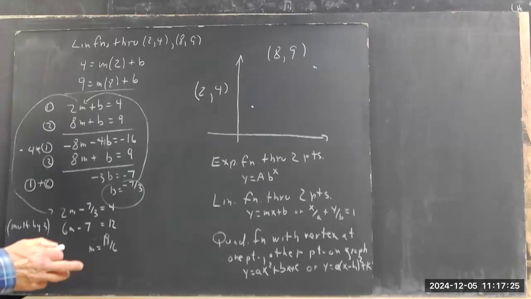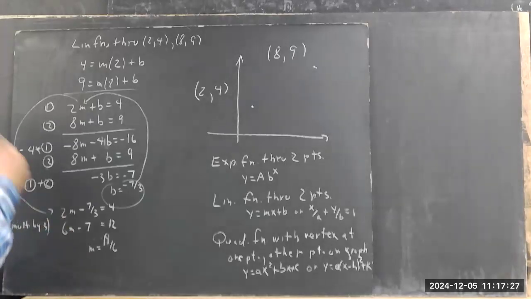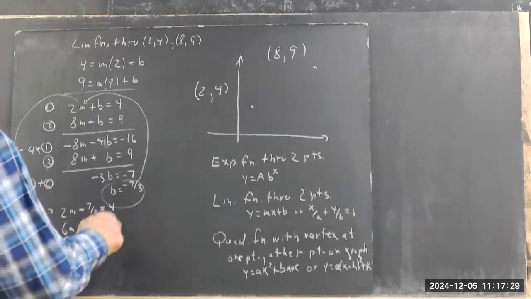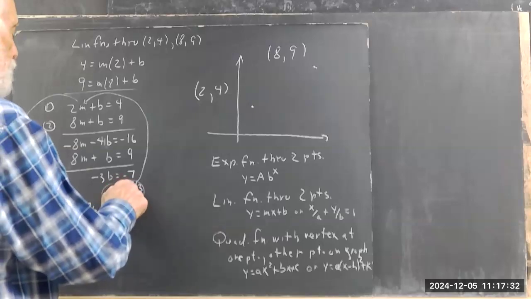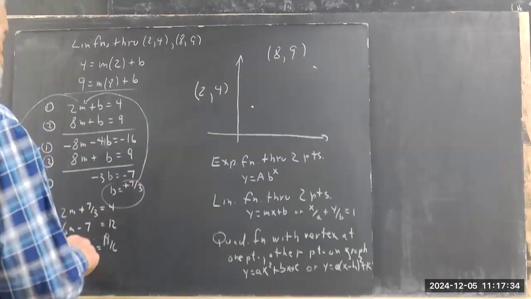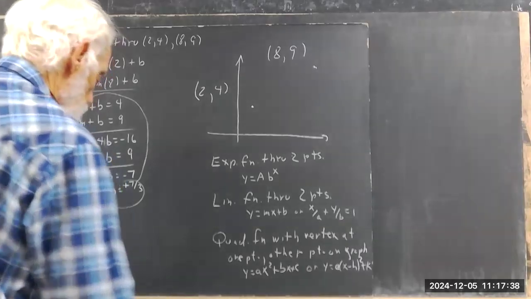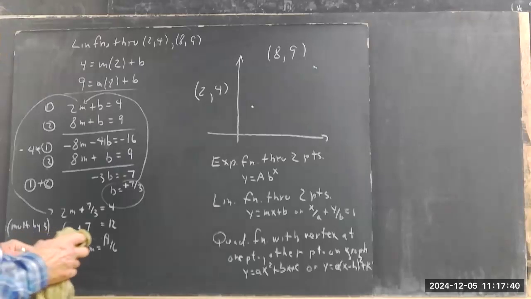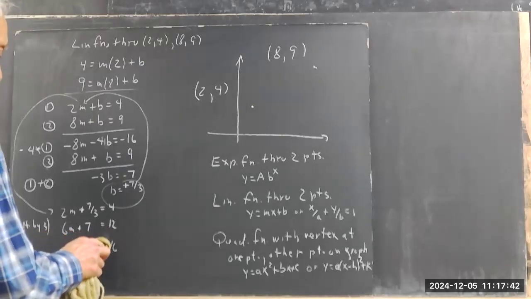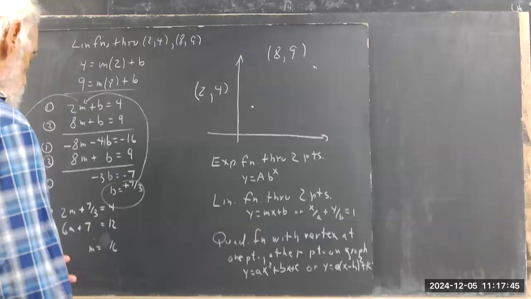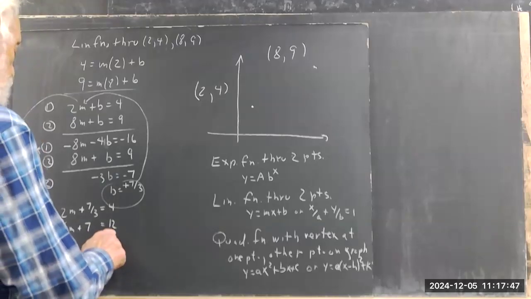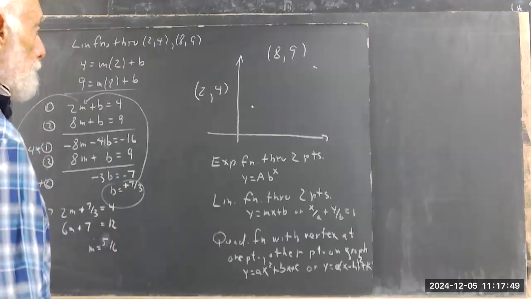Careless with the negative signs. It's negative 3b equals negative 7, so b would be plus 7/3. So now correct the solution, and it'll be 5/6.